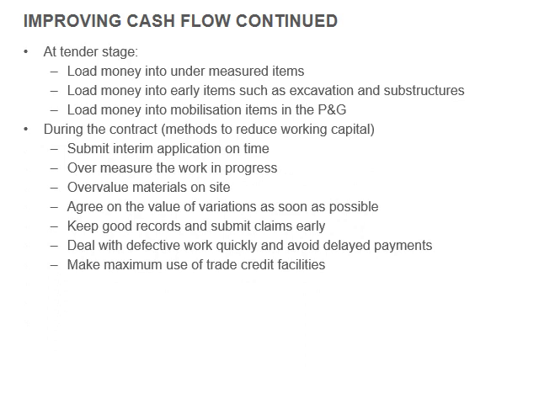During the contract, submit interim applications on time, over measure the work, overvalue material on site, agree on the value of variations as soon as possible, keep good records and submit claims early, deal with defective work quickly and avoid delayed payments, make maximum use of trade credit facilities. Okay, so the main thing is to be efficient on site.